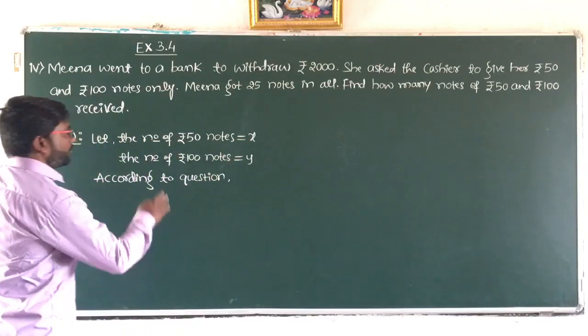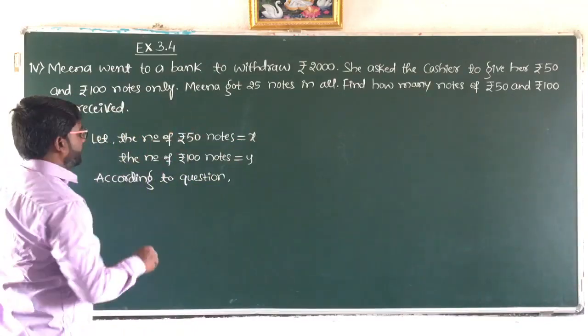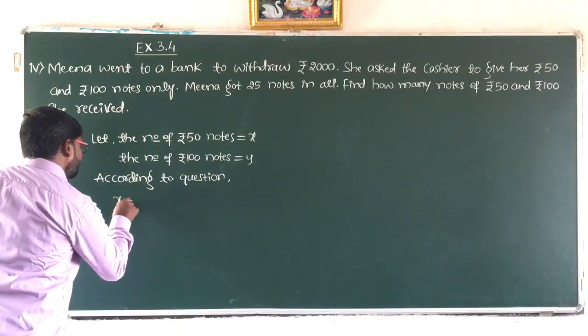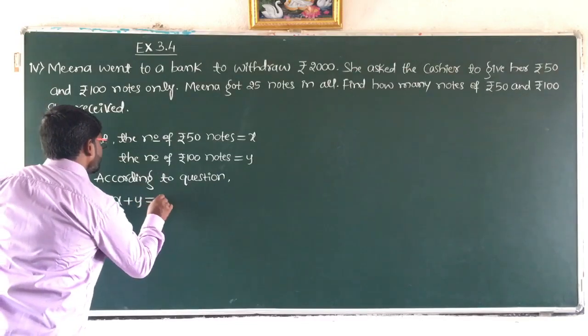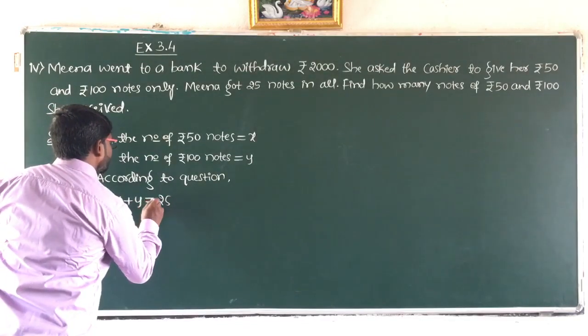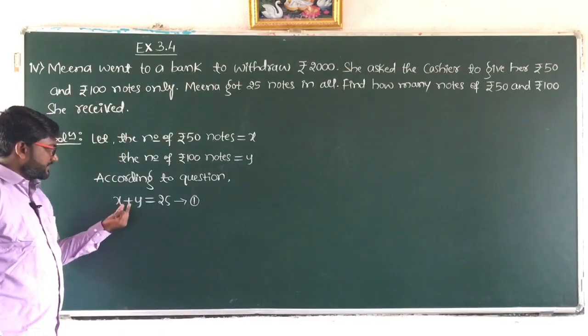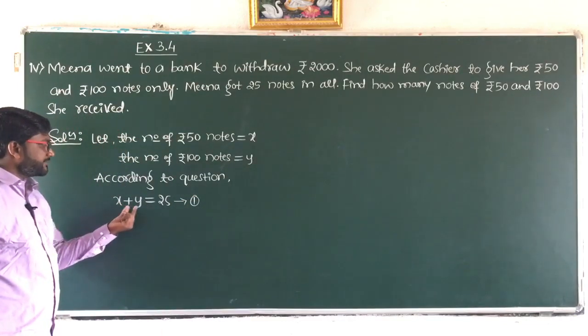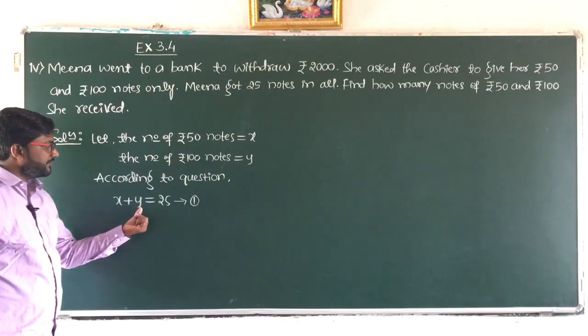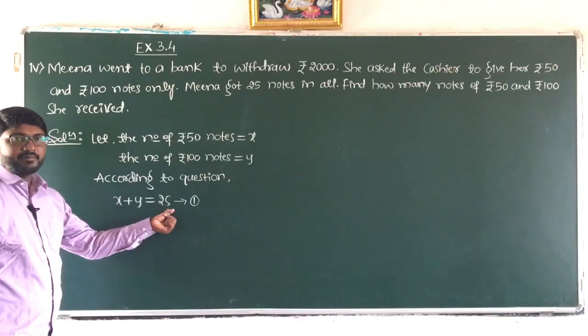That means overall she received 25 notes. So it is X plus Y, which is equal to 25. I call this equation number 1. So the sum of the number of 50 rupee notes as well as the number of 100 rupee notes is equal to 25.